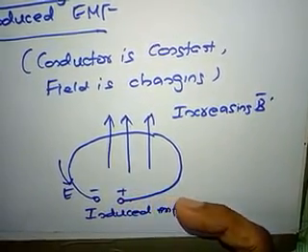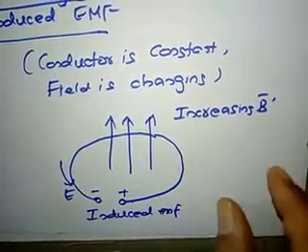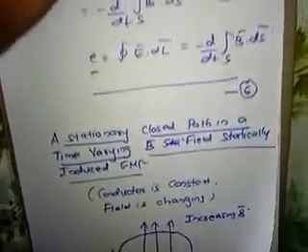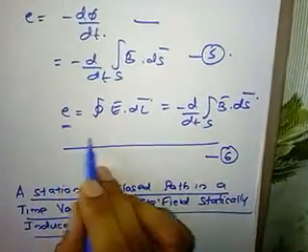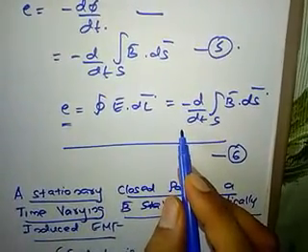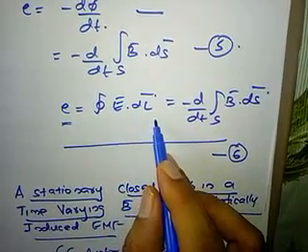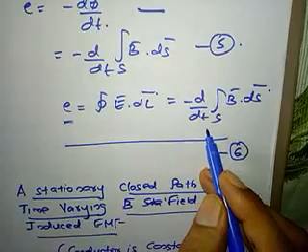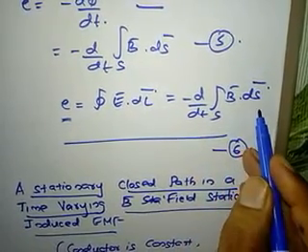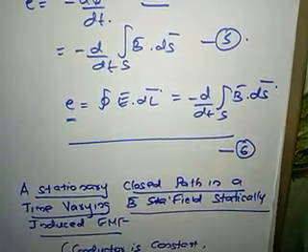The equation that we wrote previously: the closed integral of E bar dot dl bar is equal to minus d by dt of the integral of B bar dot dS bar. We consider this equation again. Now B bar is changing with respect to time and also with respect to the coordinates.